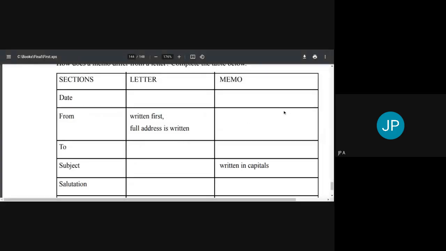Whereas in a memo, from is written after to, without writing the full address. That is the difference. Here we can write: without writing the full address. To is written in a letter after the from address. Full address is written. Whereas in a memo, to is written after the date.